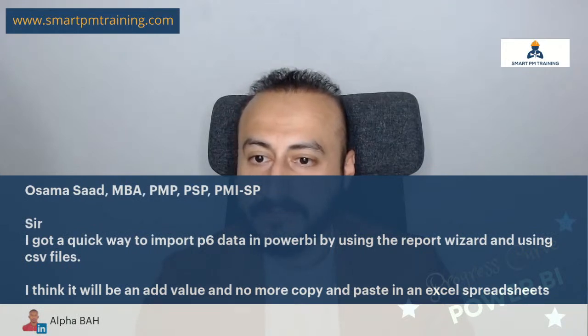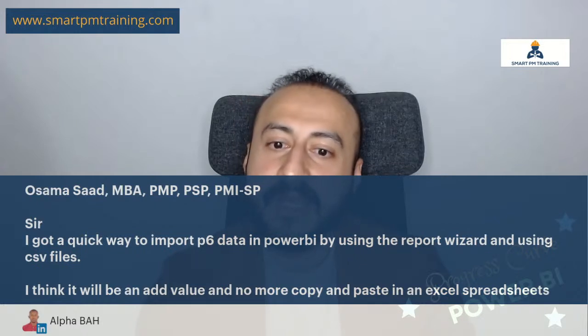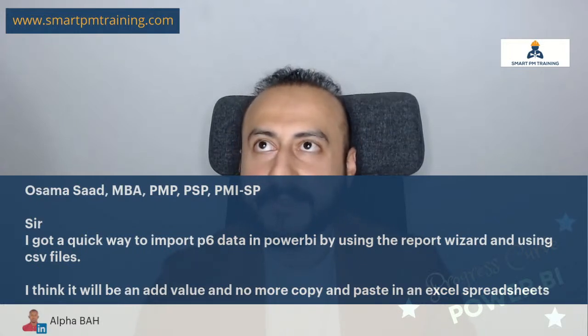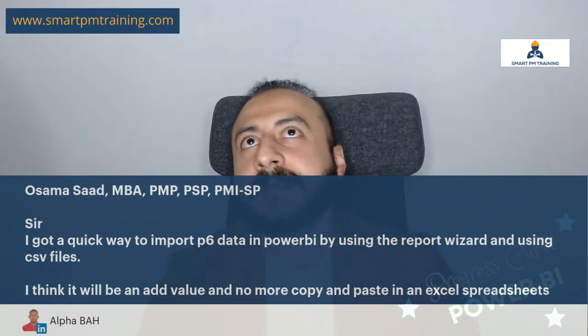From Alpha: I got a quick way to import P6 data into Power BI by using the report wizard and using this file. Yeah, I think it can work if you can customize the report or your import fields.